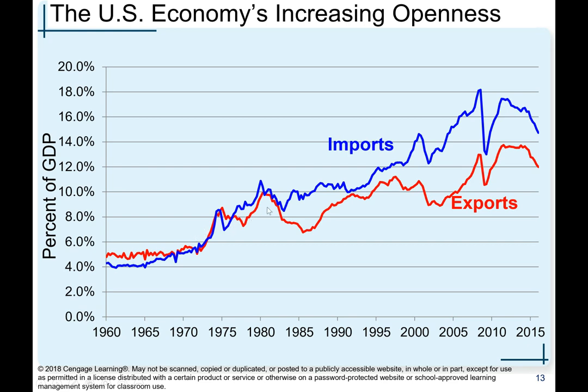And it looks like there's an upward trajectory. At some highest point, about 2008-9, approximately 18% of US GDP was imports. And at that same time, approximately 13% or about 14% was exports. So it looks like the US economy is becoming more and more globalized, and that trend is only going to continue.